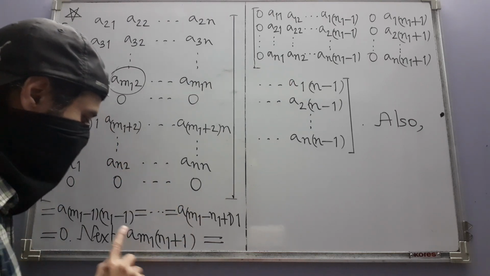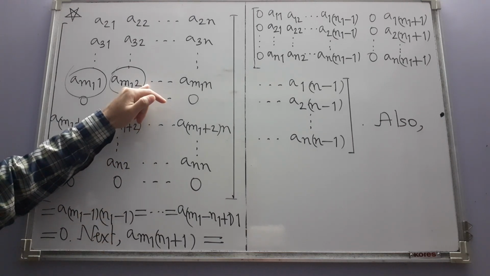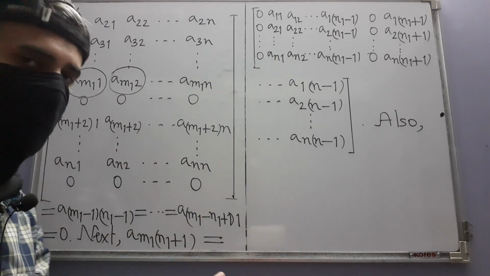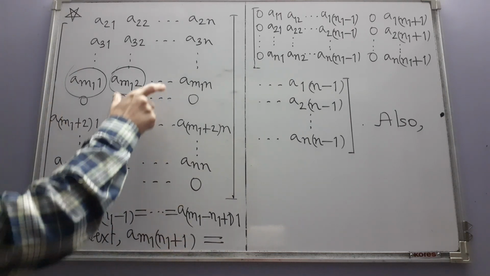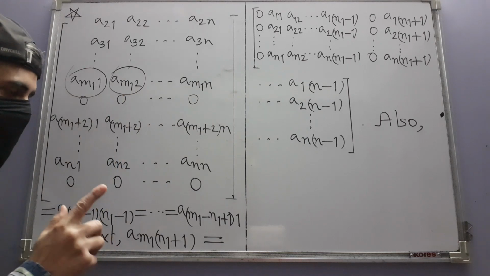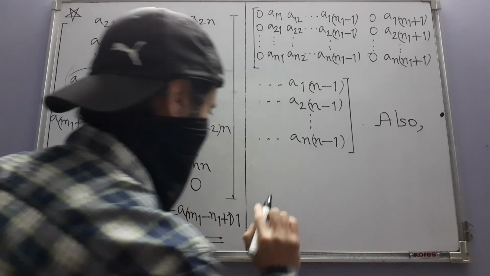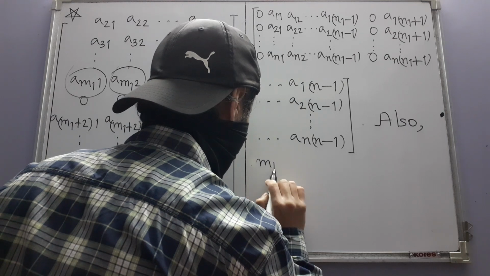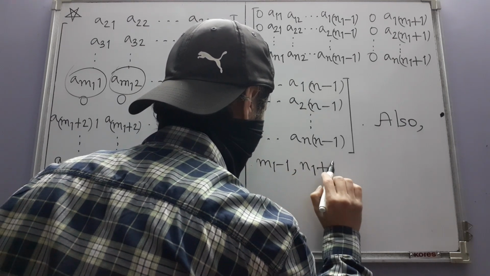However, this m1 doesn't represent row m1. You already know that it represents row m1 minus 1. So this element that we will get here has row number m1 minus 1 and column number n1 plus 1.